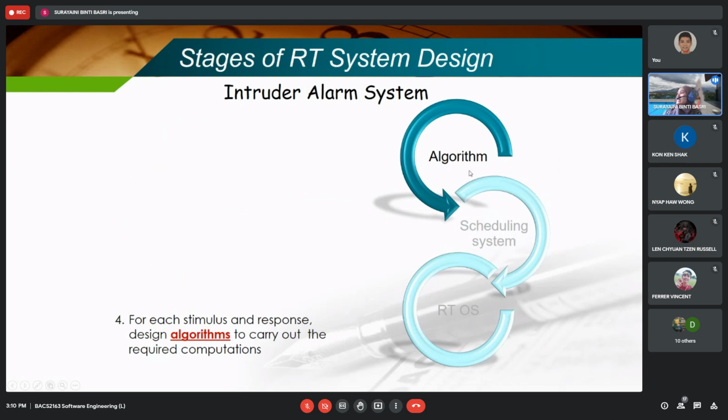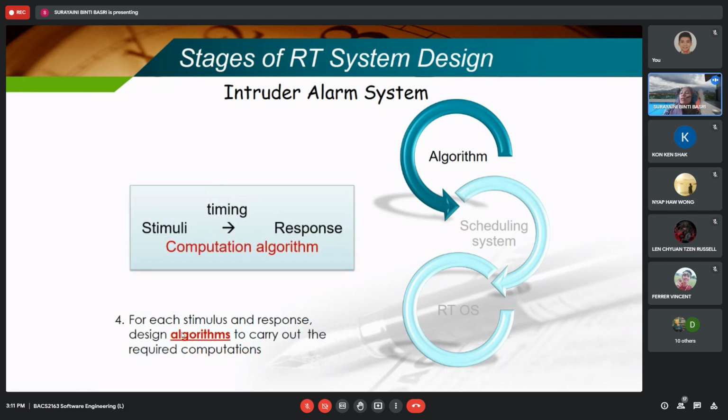After that, we create an algorithm. It is for each stimulus and response, not for the processes. For each of the stimulus and the response, we need to design the algorithm, with a flowchart or pseudocode, for how to code each of the processes when the stimuli need to trigger the response from the system.